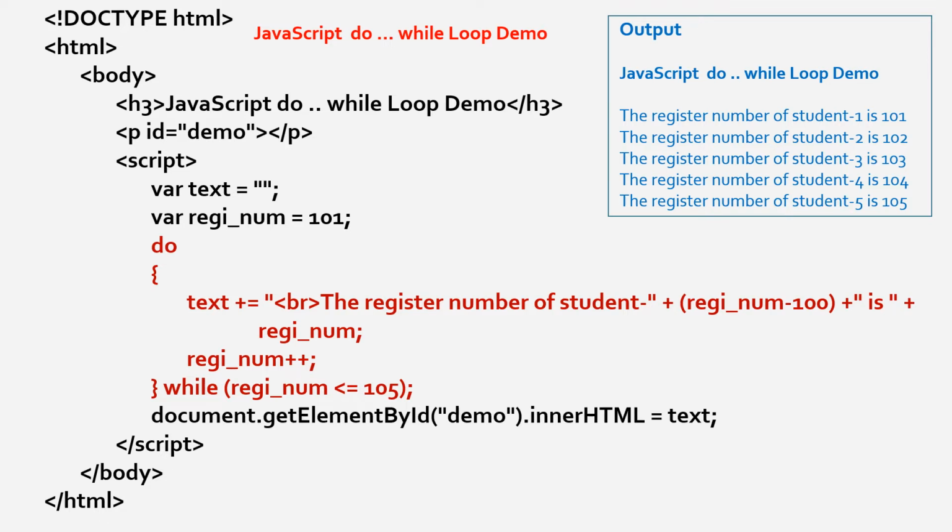If it is less than or equal to 105, the condition is true, then again it will keep on executing the loop. And when register number becomes 106, the condition is checked like this: 106 less than or equal to 105, so the condition is false. At that time it will come out of the loop. This is about the do while loop.